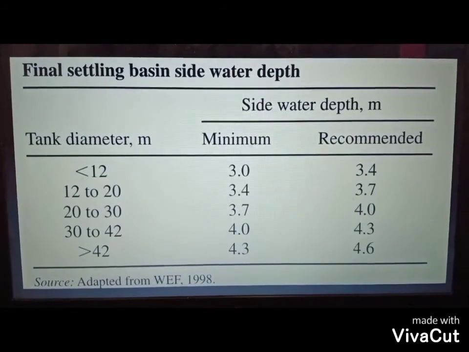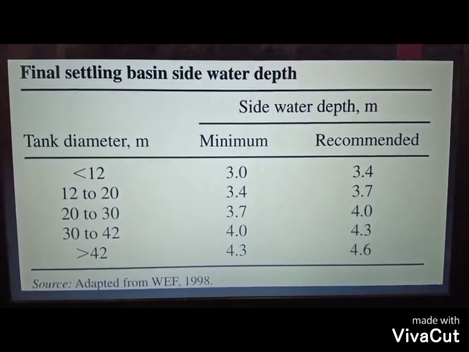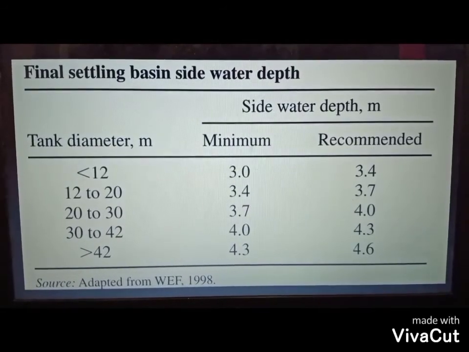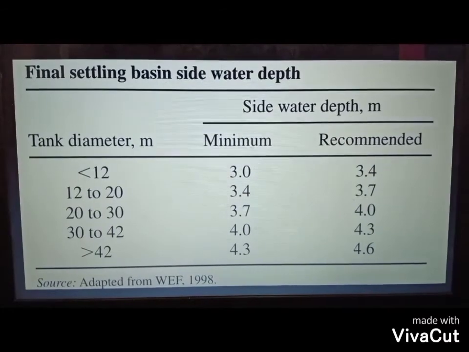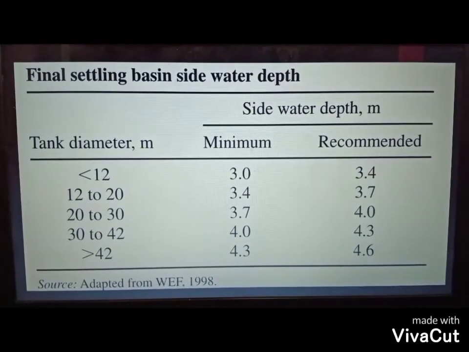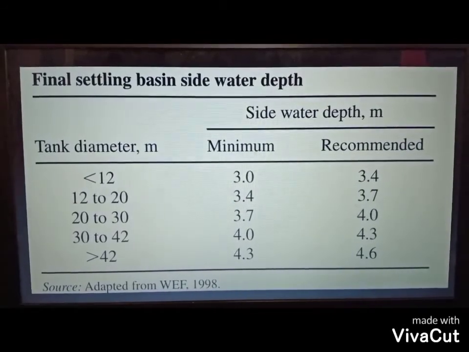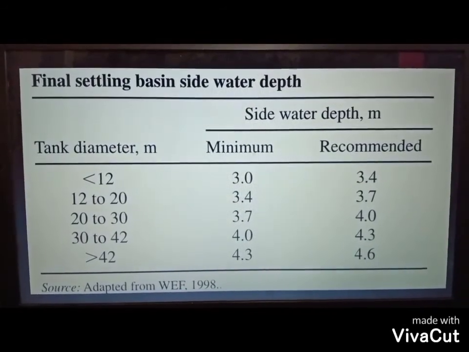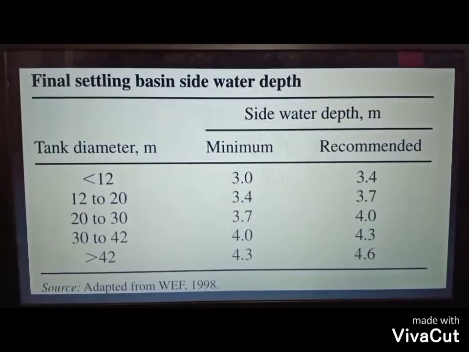In designing the settling basin, we have the minimum and the recommended depth for each diameter. If the tank diameter in meters is less than 12, the minimum depth is 3 meters, but it is recommended to be 3.4 meters. If the tank diameter ranges from 12 meters to 20 meters, the minimum is 3.4 and the recommended is 3.7.